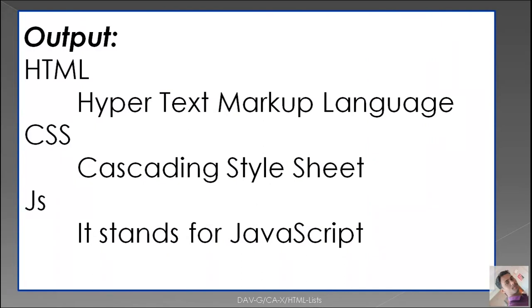When we execute this code, it will generate an output like this. All the things we are discussing right now will be demonstrated at the end of this video practically by using Notepad and a web browser.